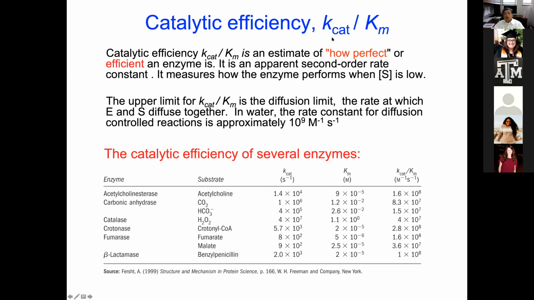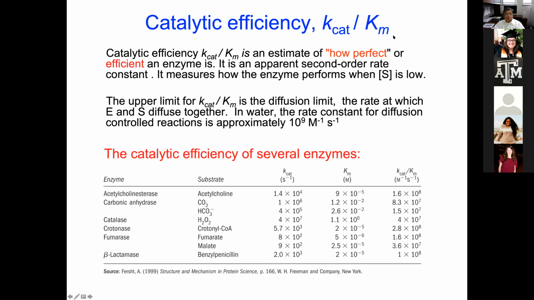Further, we want to know how good this enzyme works, the efficiency of the enzyme-catalyzed reaction, and how many reactions occur when a certain number of substrates bind to that enzyme. So here we introduce a term called catalytic efficiency, which is kcat divided by Km.